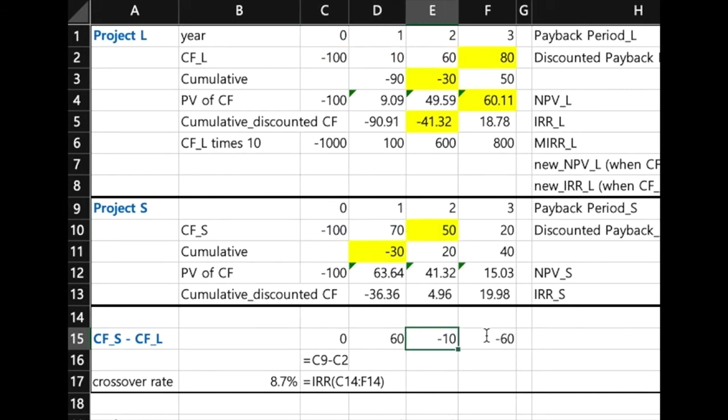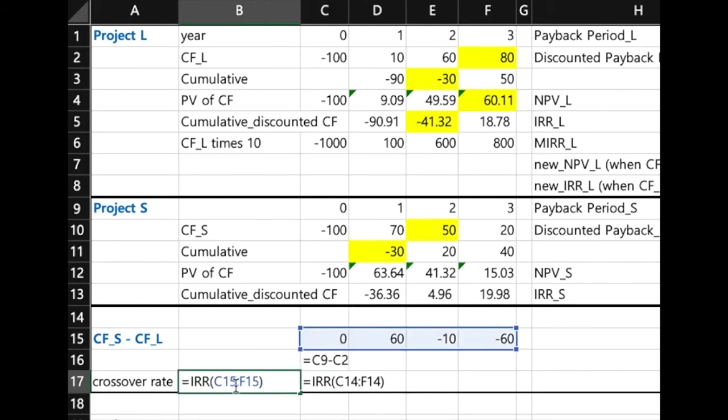Like this. And then the IRR function, input the range of all the cash flows, right? And then you get 8.7%. That is the crossover rate. At this WACC, NPV of project L and NPV of project S are the same, right?